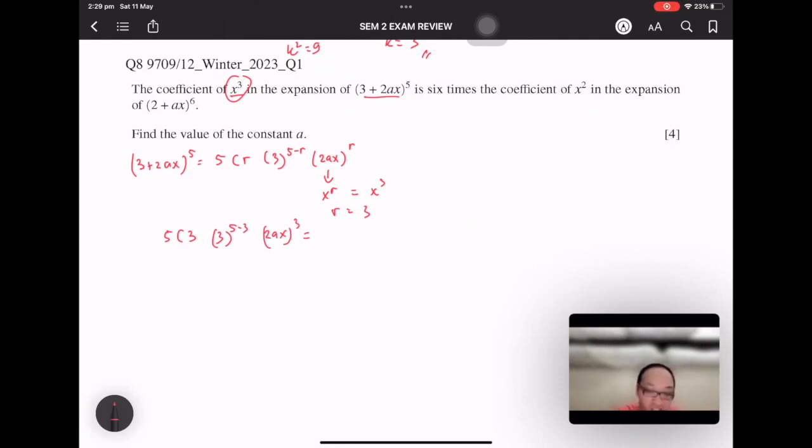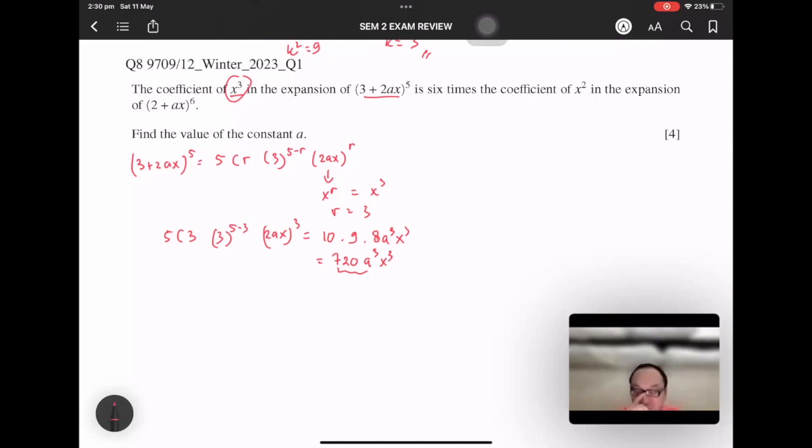That's 10. 3 to the power of 2 is 9, and 2 to the power of 3 is 8, a cubed x cubed. So equals 720 a cubed x cubed. That's the coefficient of x cubed, 720a cubed.